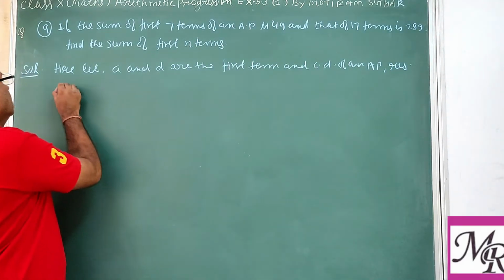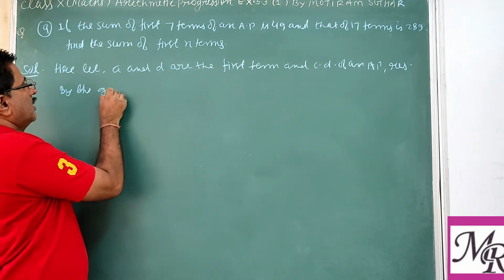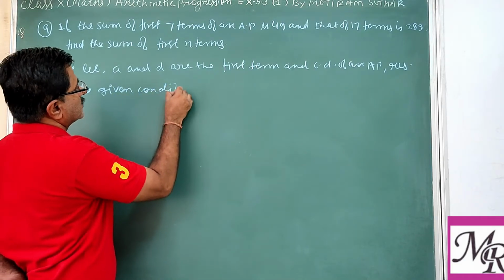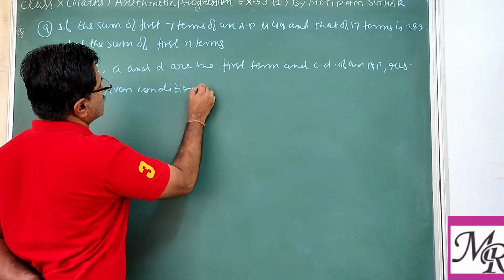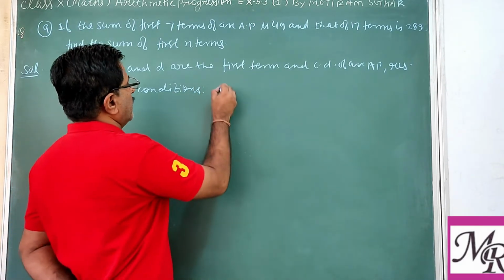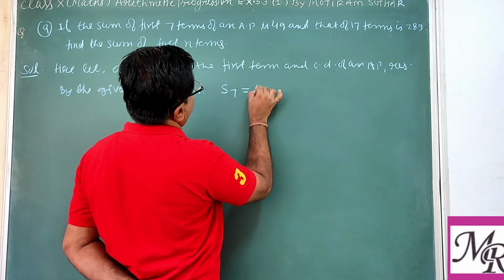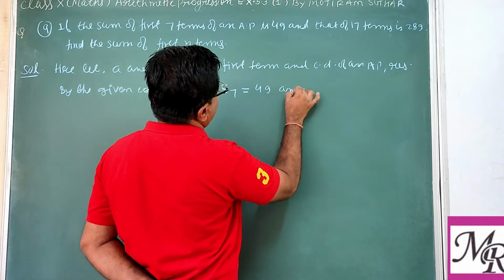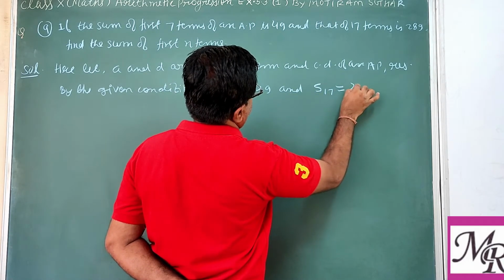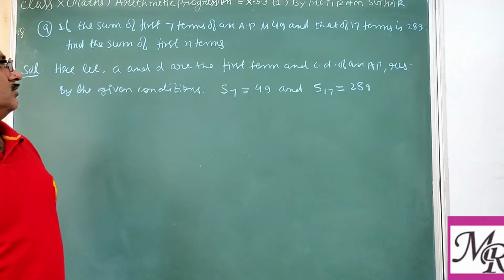So by the given conditions, what are the conditions? Sum of first 7 terms, we are given S7 is 49 and that of 17, S17, is 289. These two things are given.